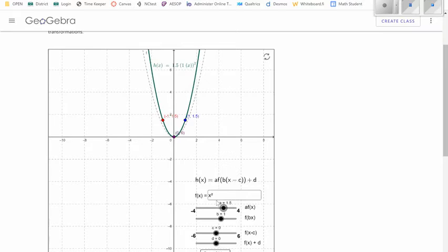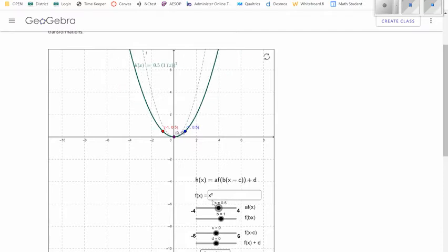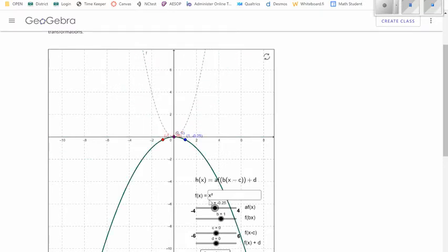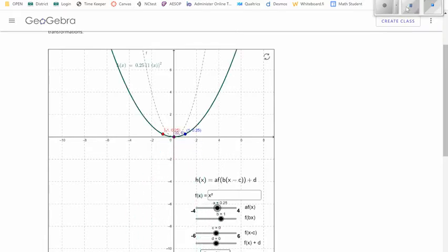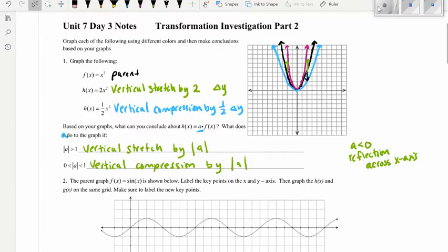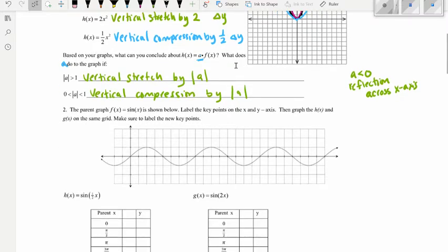So notice that if it's in between 0 and 1, that brings our graph downwards, which is again a vertical compression. And if we have the negative, remember the negative reflects it across the x-axis. So make sure you're using those mathematical terms, vertically stretching, vertically compressing, reflection, when you're writing your transformations out.